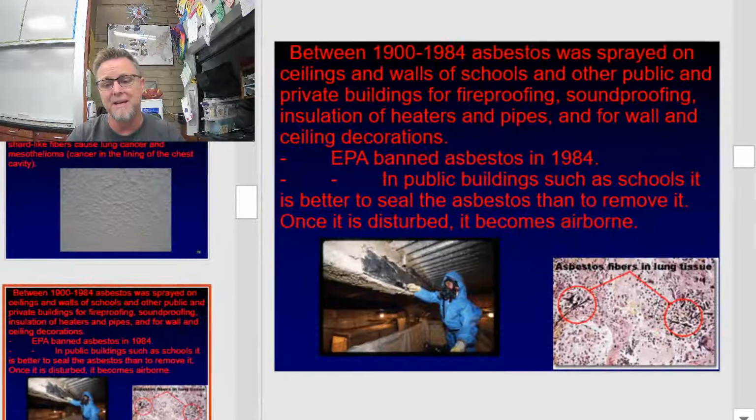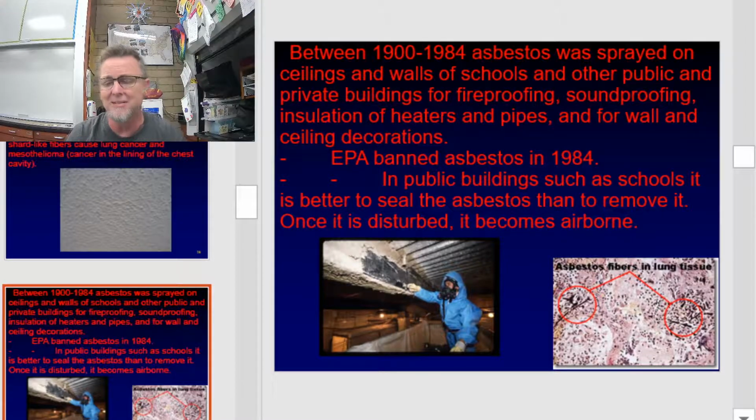Now, asbestos in the modern world, its incidence and its impact on people, should be decreasing, because between 1900 and 1984, in its heyday, that's when it was sprayed and used and dumped everywhere. But after 1984, we banned the use of asbestos.